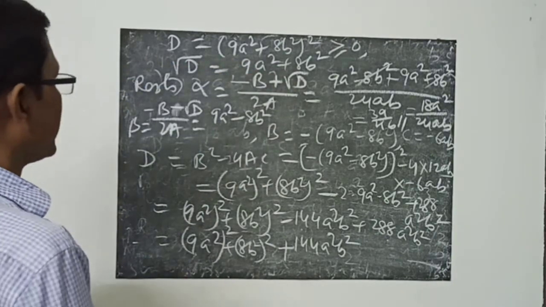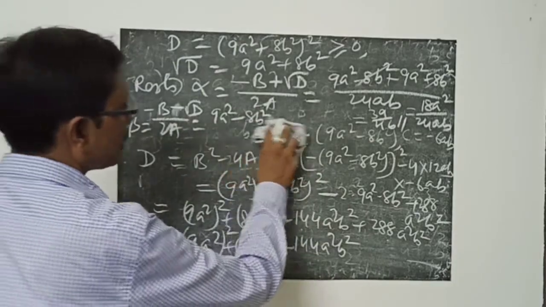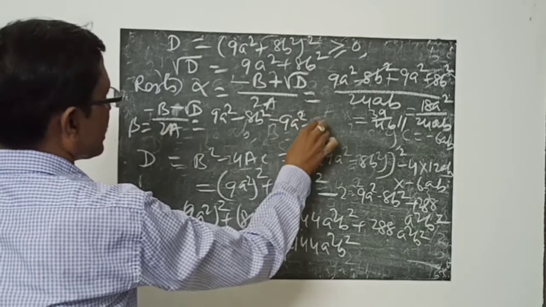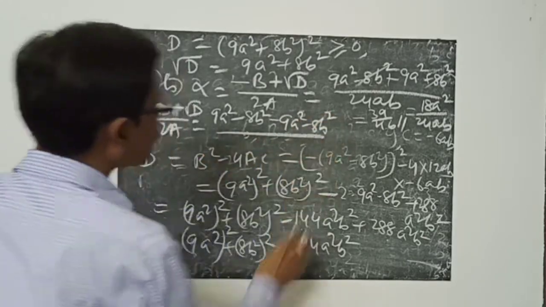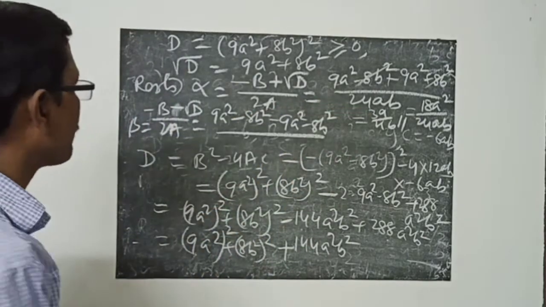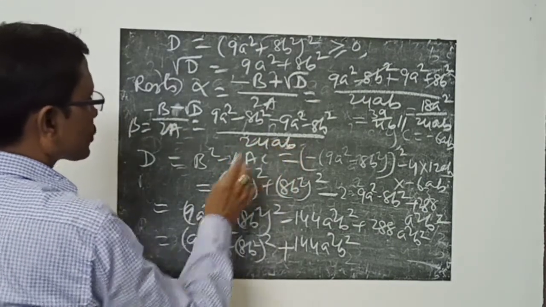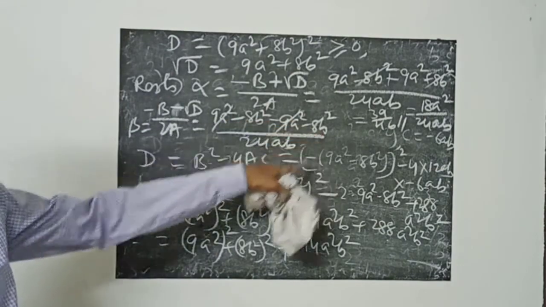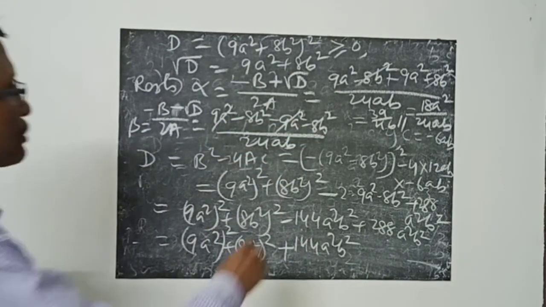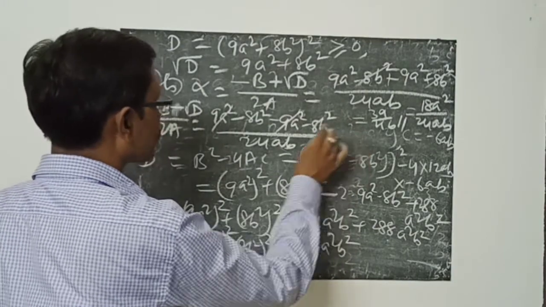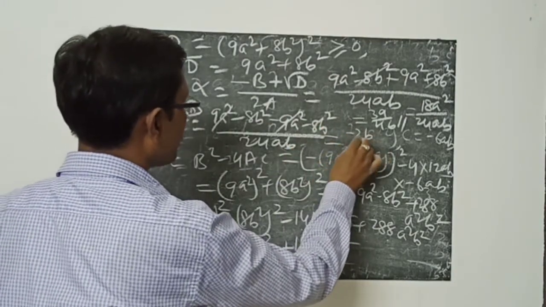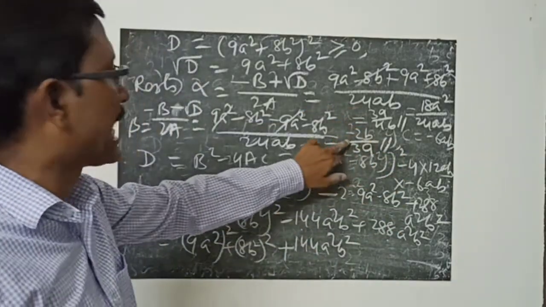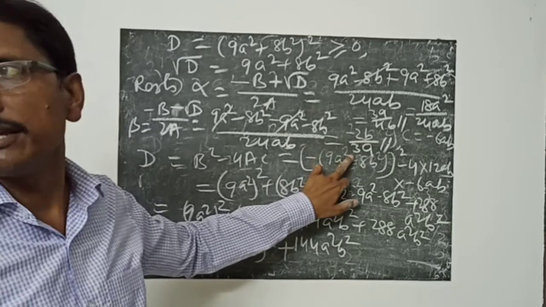Then minus means minus 9a square plus 8b square, by 2a. 2a means same thing, 24ab will come. So again 9a square will be cancelled. So ultimately you are getting minus 16b square by 24ab. So minus 16 cancels with 8, and b, so minus 2b by 3a. So one root is 3a by 4b, another root is minus 2b by 3a.